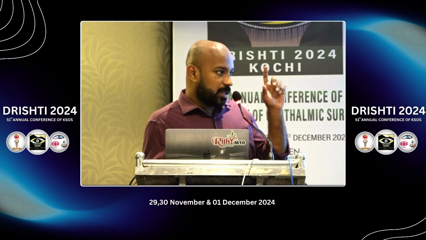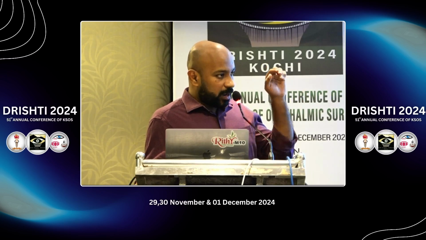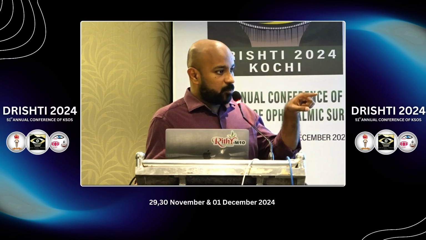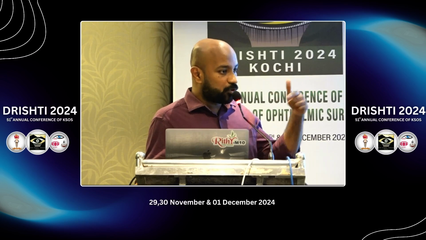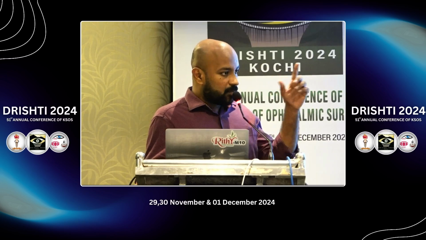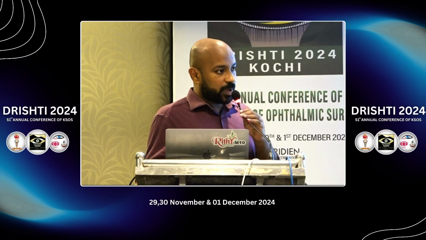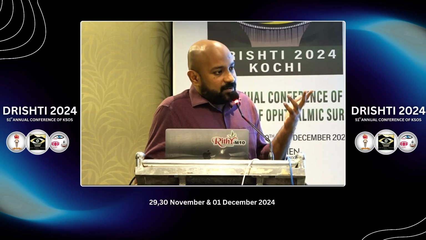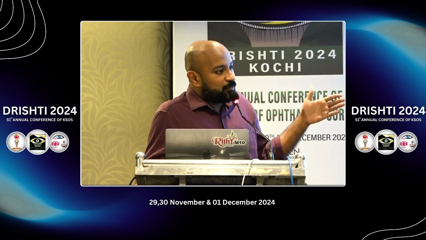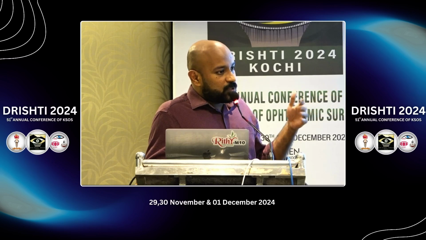When we aim the laser beam and it enters the iris crypt in an oblique way, the chances of perforation are less, because we have to apply more shots when it is in the superior, whereas this is much easier in the inferior. So we understood this difference when we did a few cases inferiorly. Then we thought, why can't we compare?